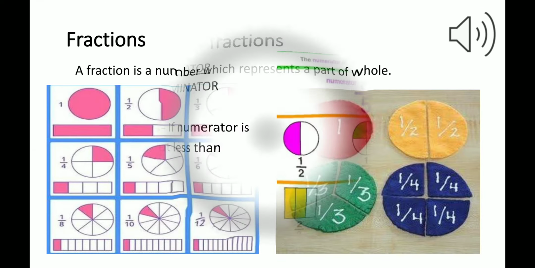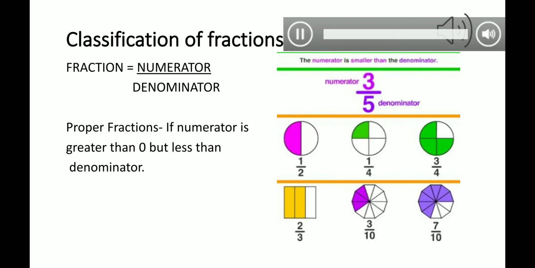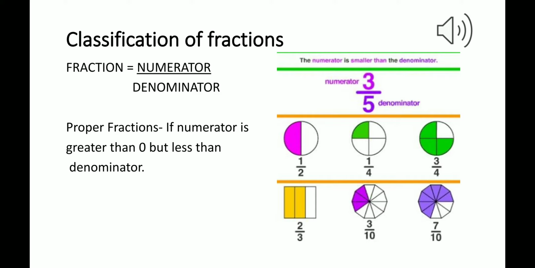So children, what is a fraction? It is the parts which are taken upon the total number of parts. So how to write a fraction? There will be some number above and there will be some number below.